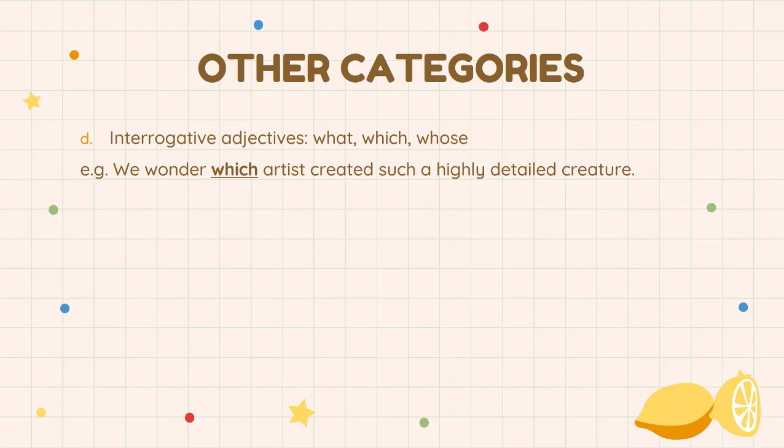Which movie? What movie? Whose creature? So they are always followed by the noun. What and which actually are the same. They show choices, but what is broader than which.